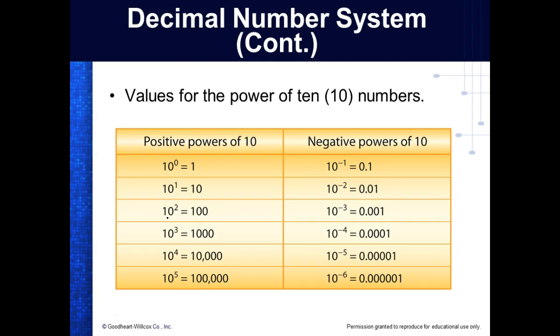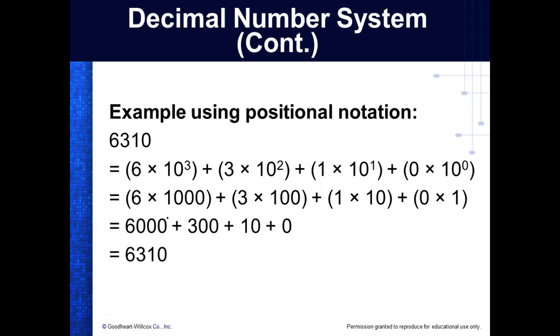On the other side of our radix point, we have 10 to the minus 1, minus 2, and then they show the actual number that it represents. So this is using what we call positional notation, where we can take the value of the 6 and multiply it by 10 to the third, take the 3, multiply it by 10 squared, take the 1, multiply it by 10 to the first, and take the 0 and multiply it by 1. Right?